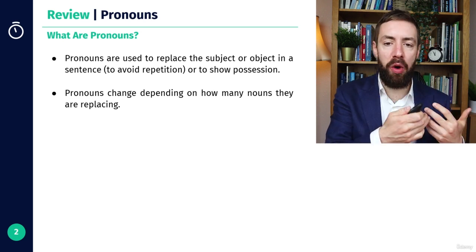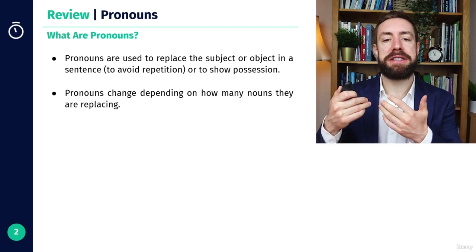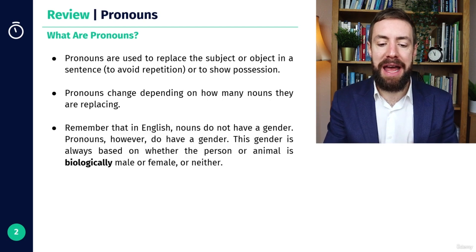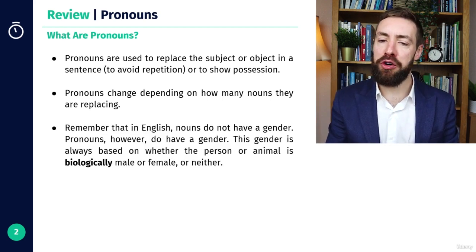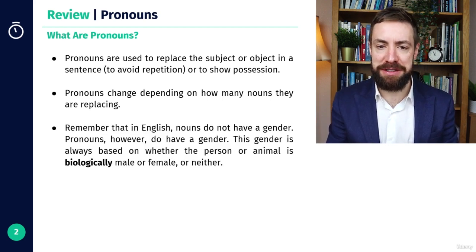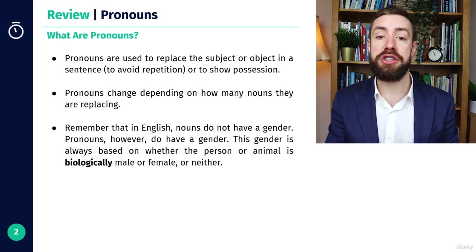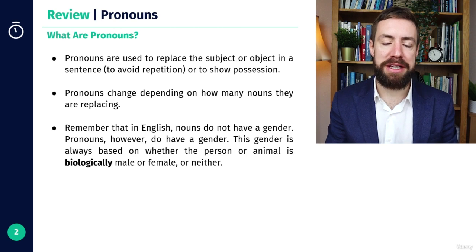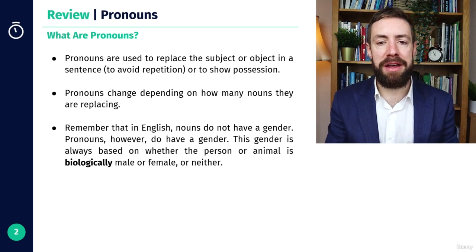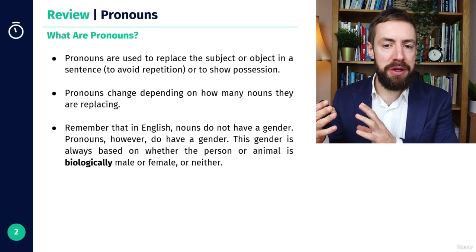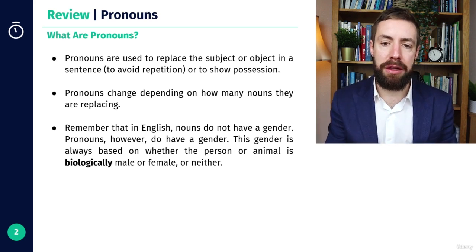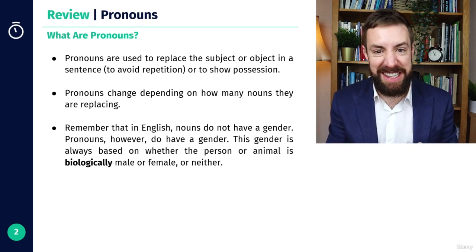So, if they're replacing one, it'll be different to if they're replacing 2 or 3 or 10. And remember that, of course, as we talked about in the last video, nouns don't usually have a gender, but pronouns do have a gender, all right? So it's based on whether that thing or person or animal is biologically male or female or neither.